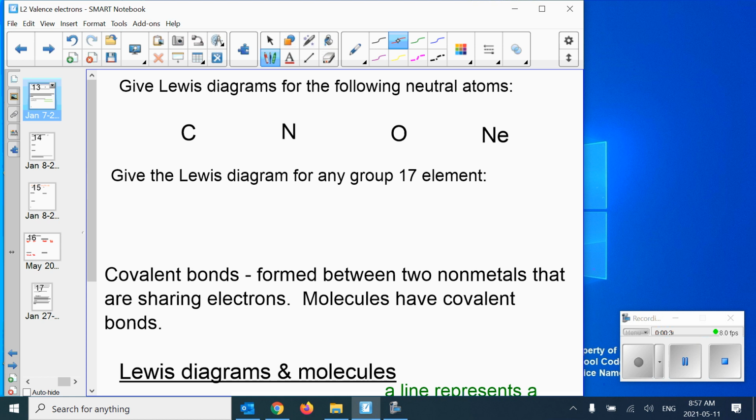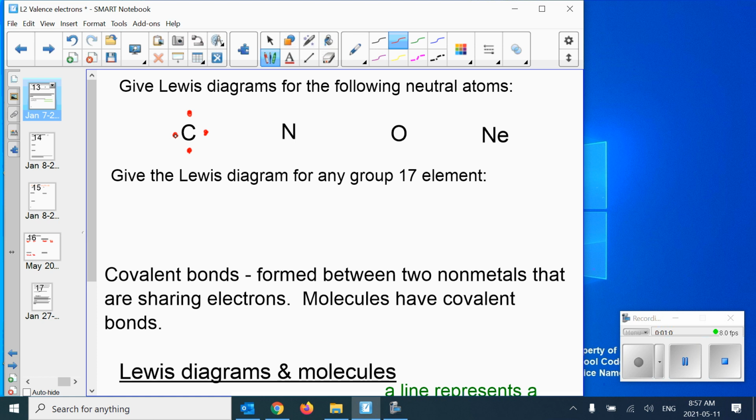Find carbon on the periodic table. It's in column 14. Just so happens if you subtract 10 from 14, that's 4 electrons. Carbon has 4 valence electrons: 1, 2, 3, 4. Anything underneath carbon, silicon, for example, has 4 valence electrons in that column.